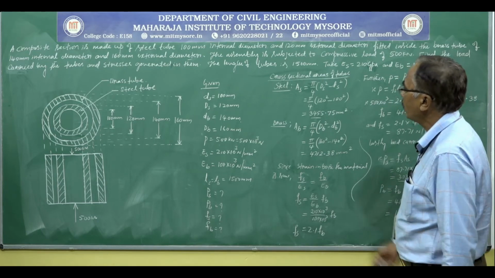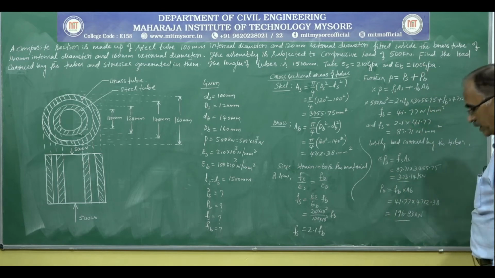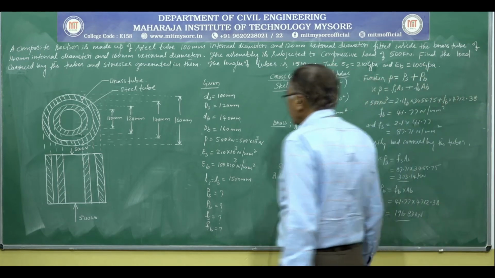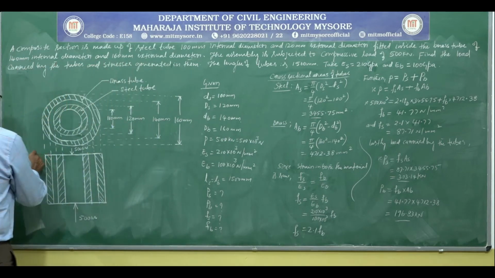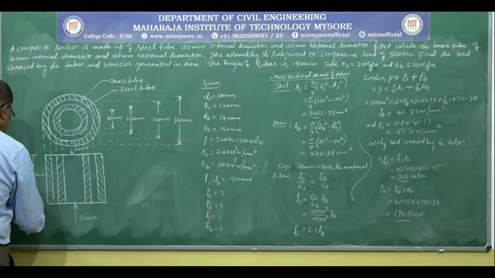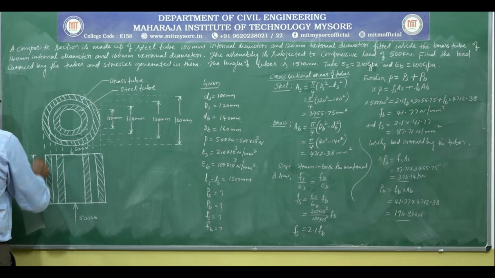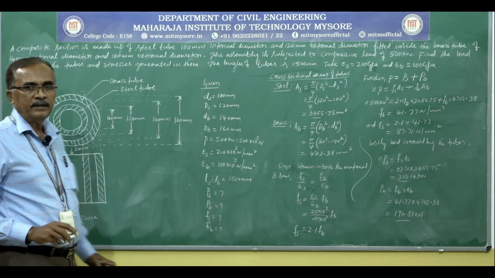For this problem we can add one more unknown value, that is required value. Given length of the tubes as 1500 millimeter, it is 1.5 meter length. They may also ask to calculate the changes in length of tube.